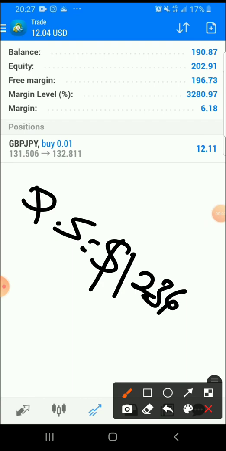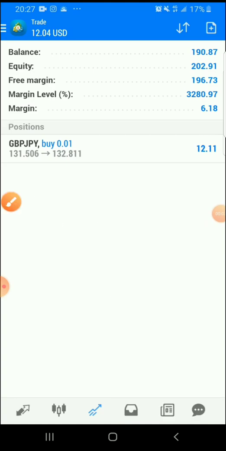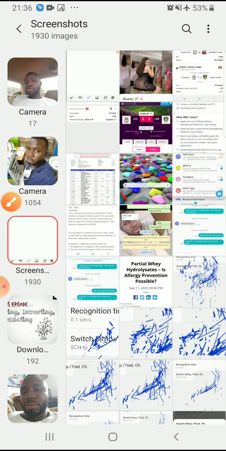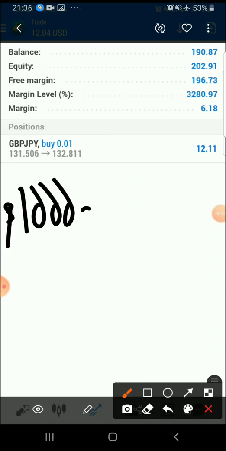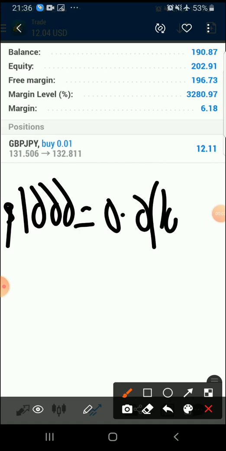I'm going to teach you exactly what it means now in terms of what we call lots in trading. Now what you should know is that in trading, $1,000 is known as 0.01 lots.